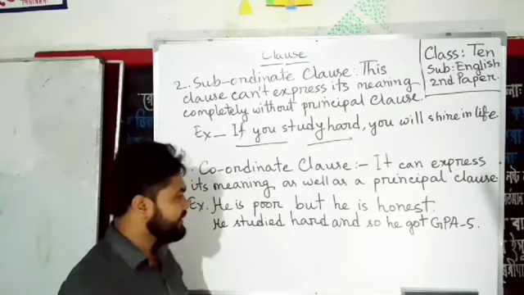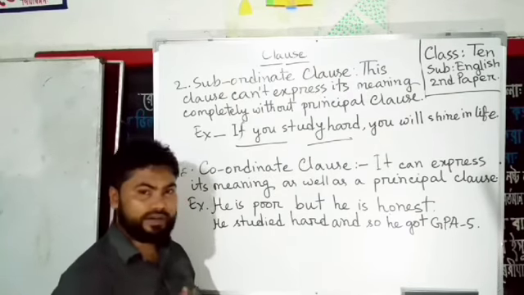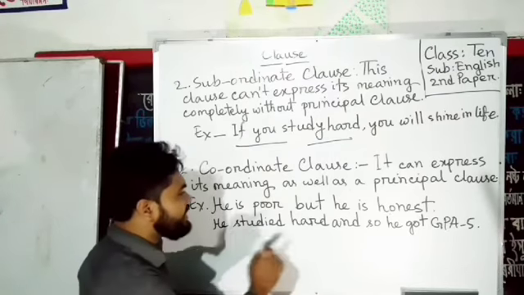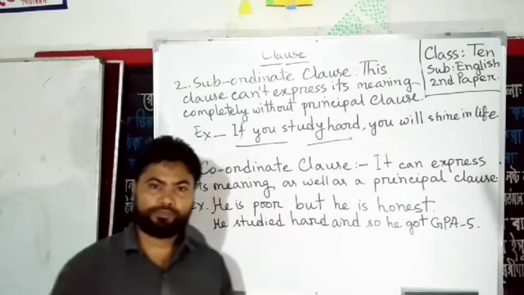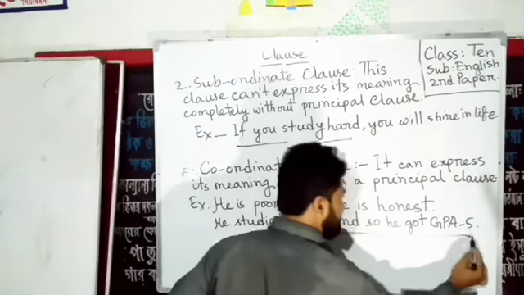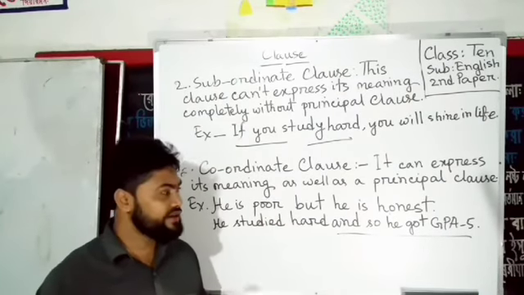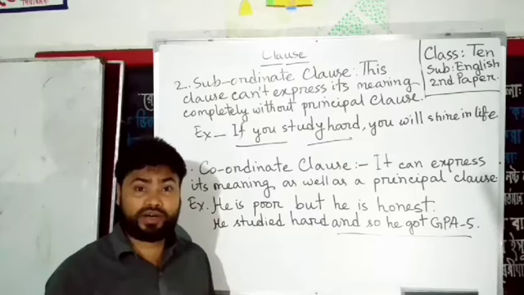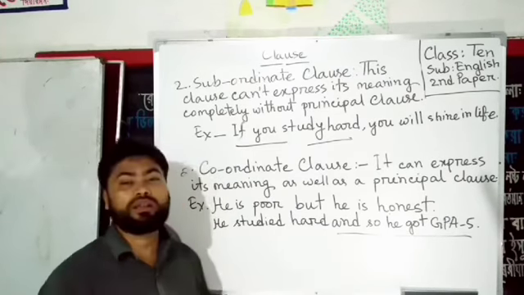Here, you can see another example. He studied hard and so he got GPA 5. Dear student, this part is a coordinate clause because it can cooperate with the principal clause.